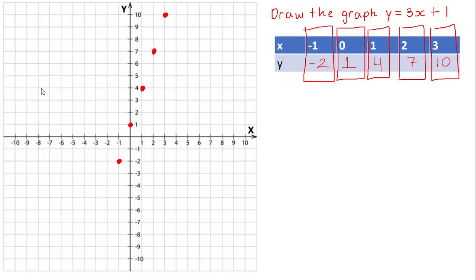We're just going to continue with the same line. Okay, we could go as long as we want.